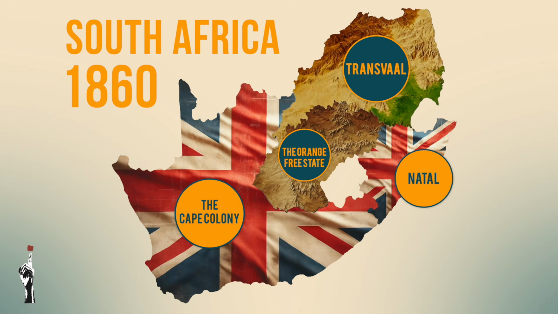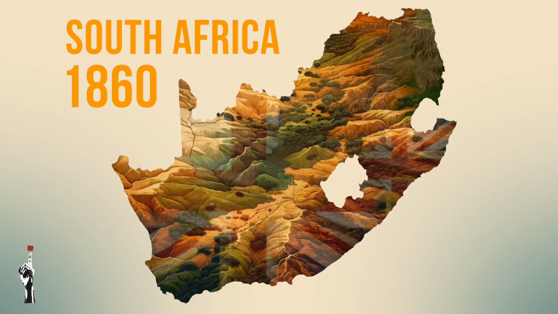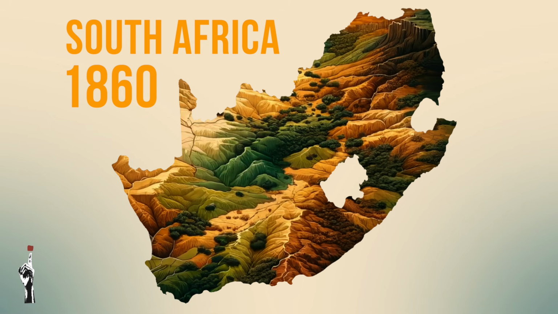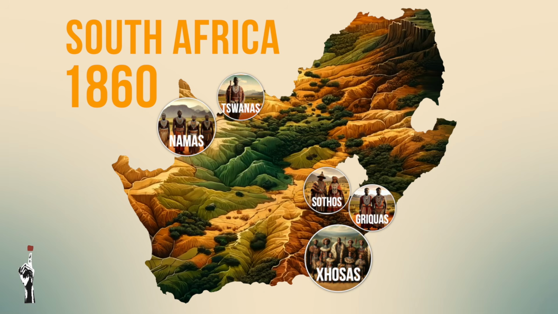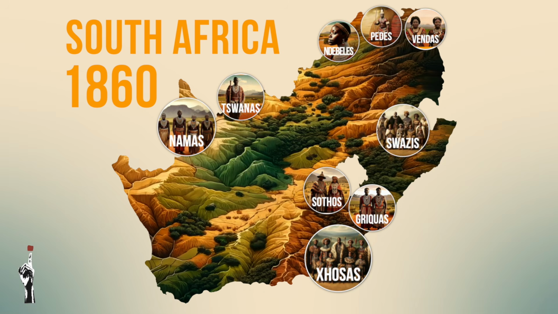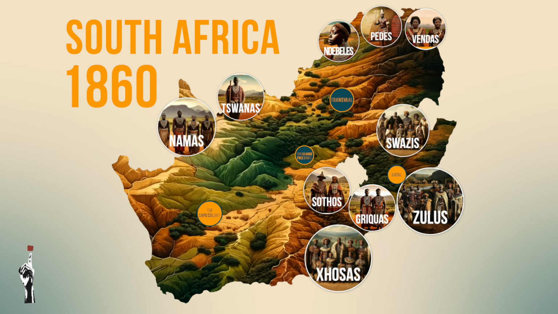And then there were many independent African states that were there before the European explorers. These independent African groups were the Xhosas, the Sotho, the Griquas, the Namas, the Tswanas, the Ndebeles, the Vendas, the Pedis, the Swazi, and the Zulus.